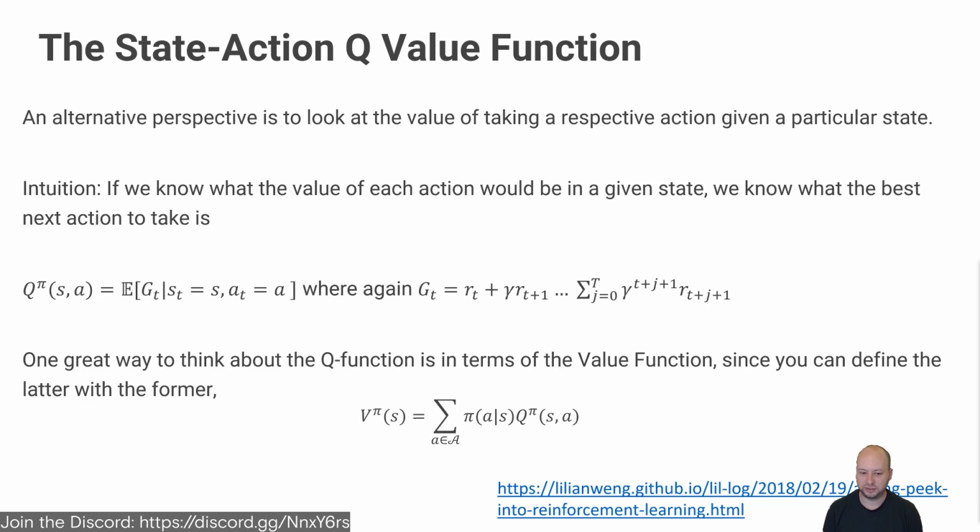So it's sort of like saying if we're in a particular state, then the value of being in that state is going to be equivalent to the expected value across taking every possible action and the value of being in those new states with respect to that action. That's a way to think about it.